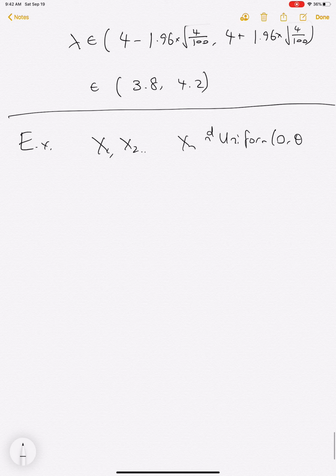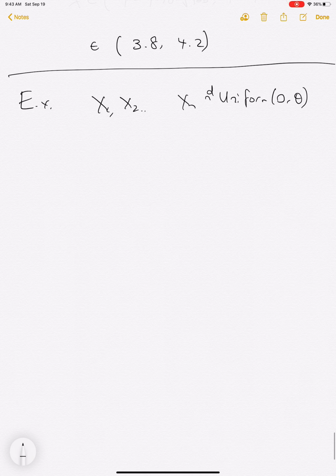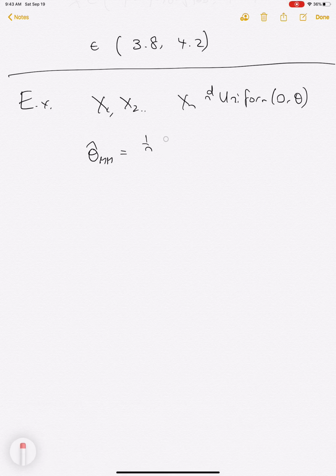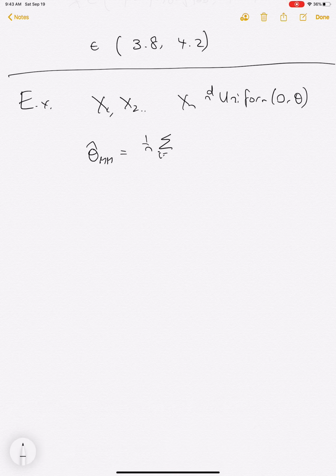So this is another example where I've already done this calculation. So we know that the method of moments estimator is 2 times x bar, or you can think of that as 2 times mu hat.